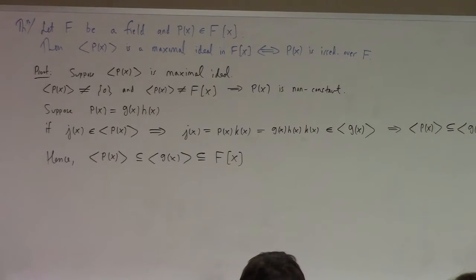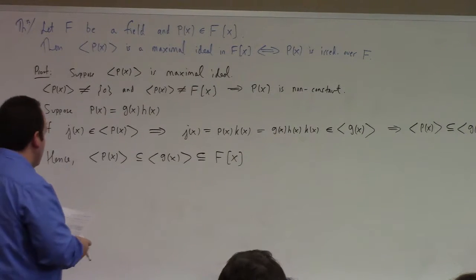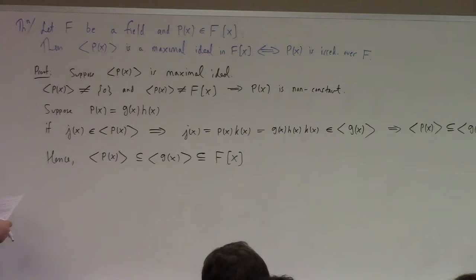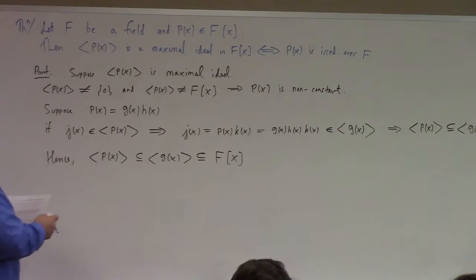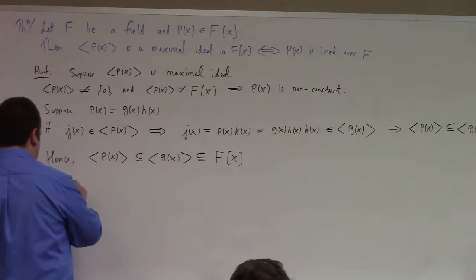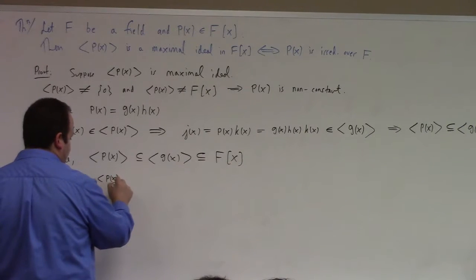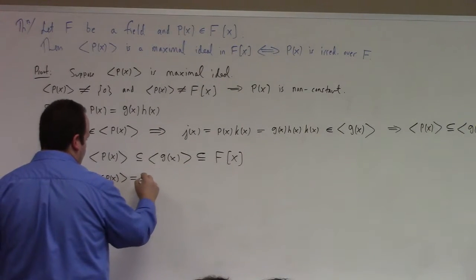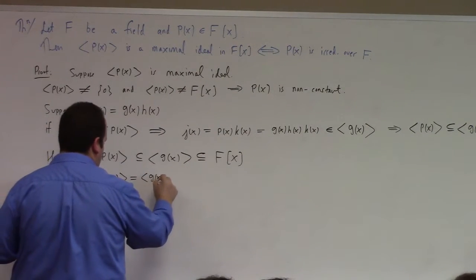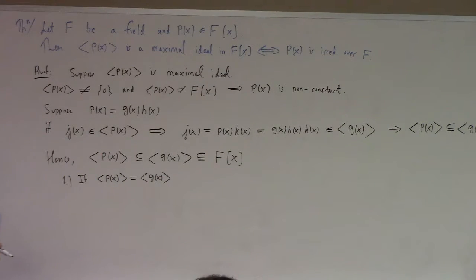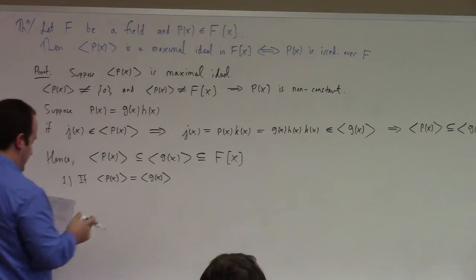Which of course is a subset of the whole thing, right? So what are the two cases here? I'm going to do the opposite case, but yeah, you got the second case. If the ideal generated by p(x) is equal to the ideal generated by g(x), that's one possibility, since p is maximal.